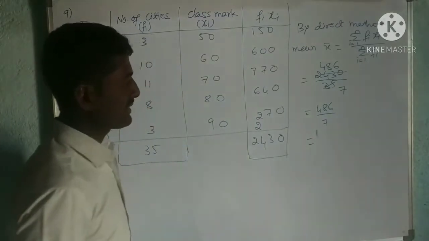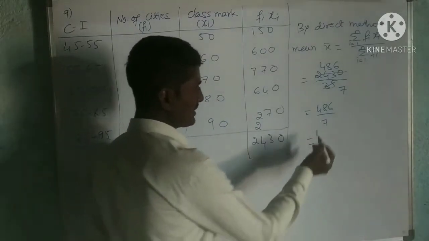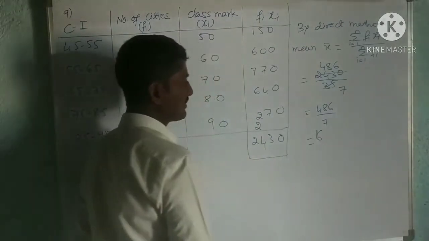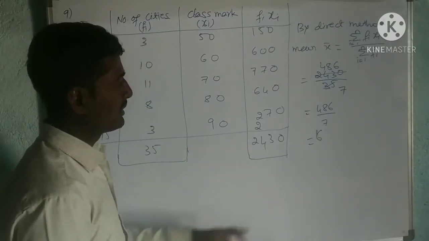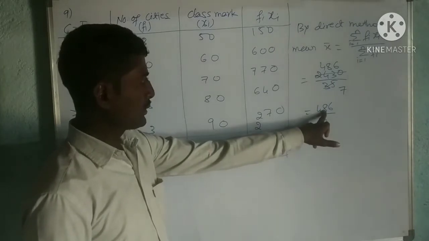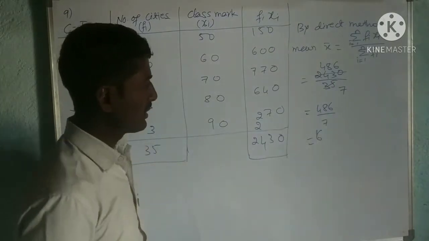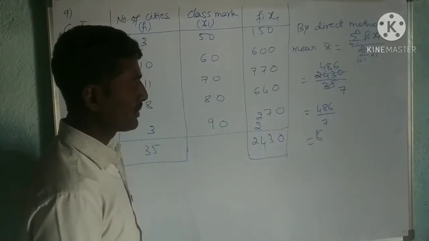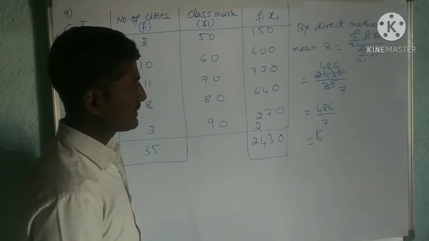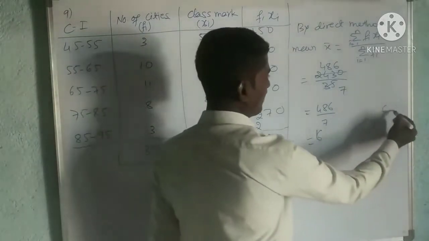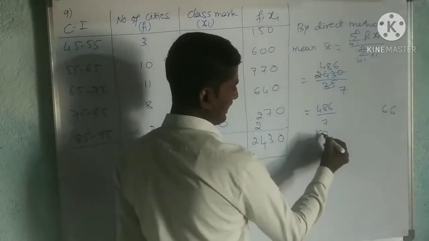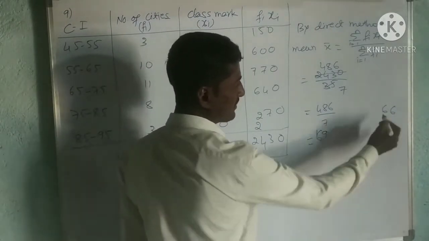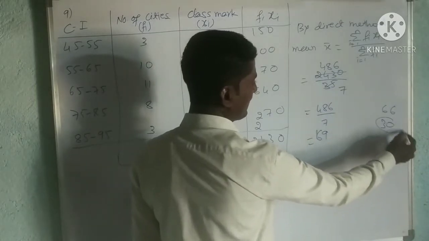So 486. 7 sixes are 42. 42 means remaining is 6. 66 will be there. For 66, 9 sevens are 63. 63 means 30.